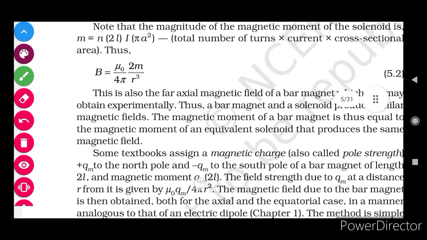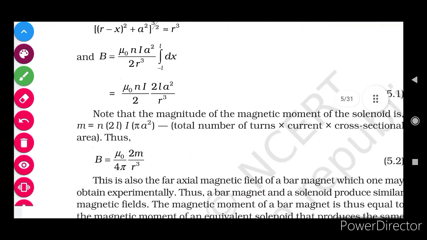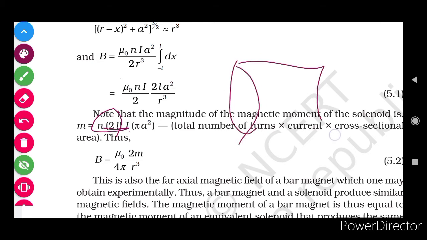So n into 2l is the total number of turns in the solenoid. I is the current, and the area of the solenoid is the area of the circle; the radius is a, so pi a square. So this is the magnetic moment, and I can substitute here: n, 2l, and pi a square.